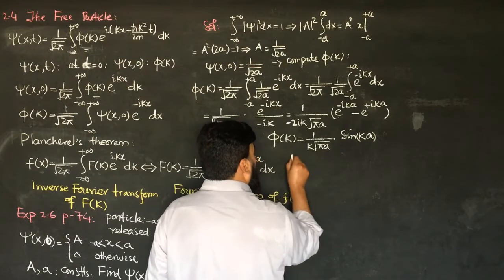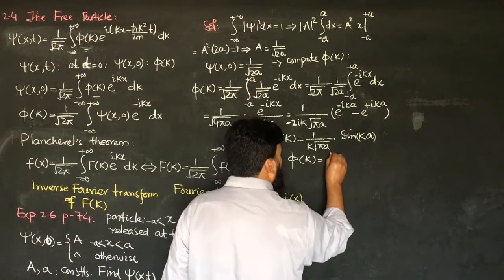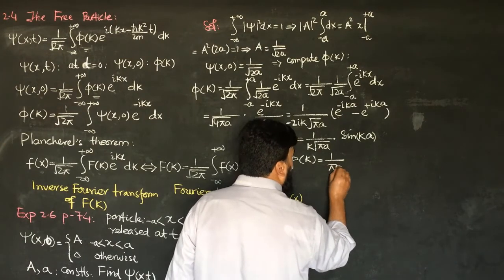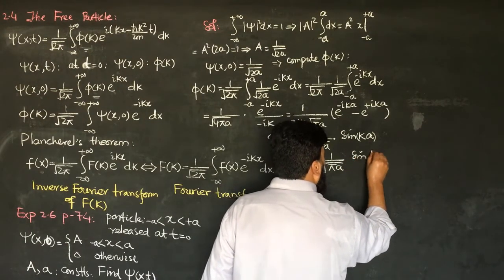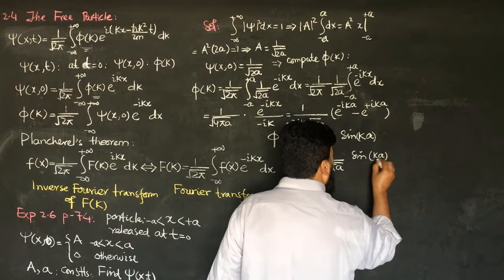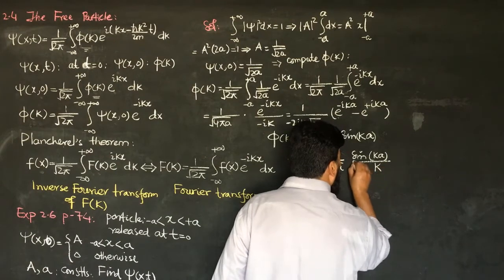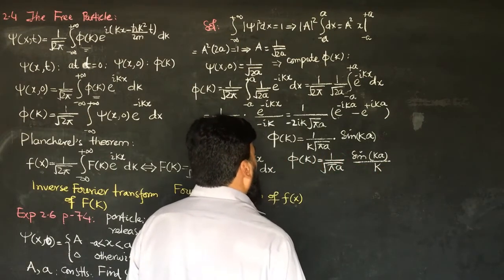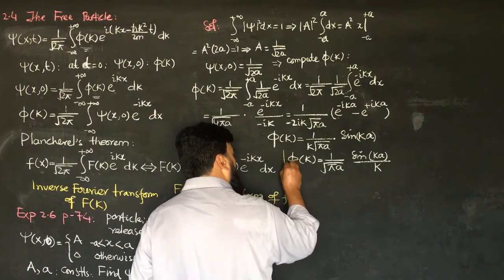So this phi of k is equal to 1 over pi a and sine of k a divided by k, so whole divided by k. This is our phi of k value.